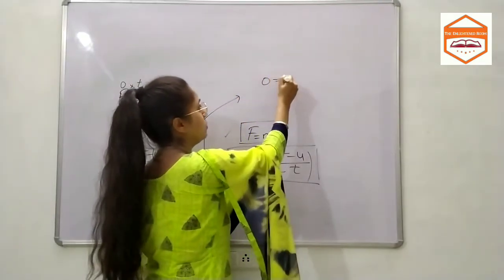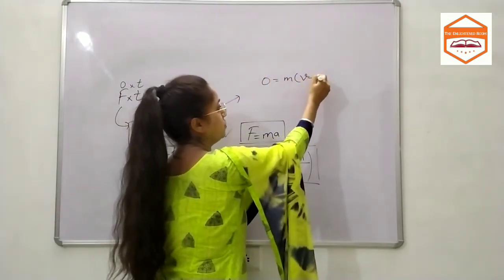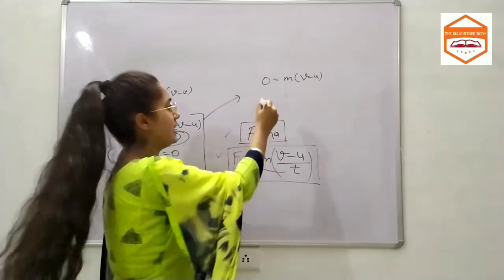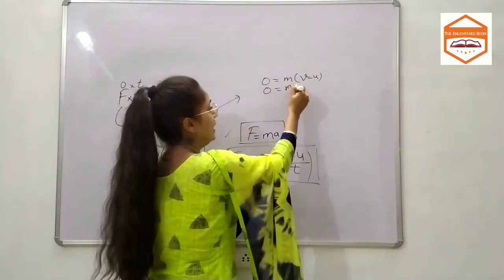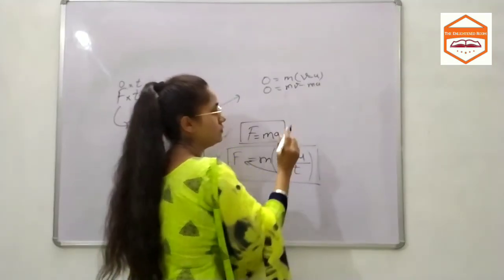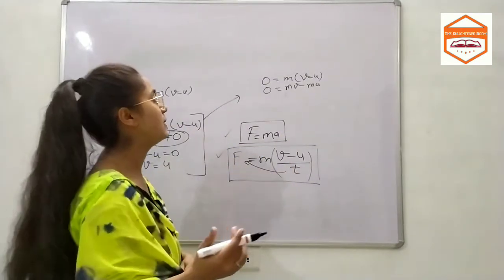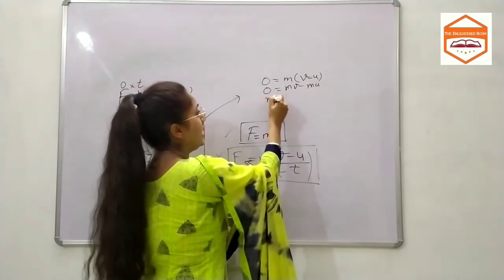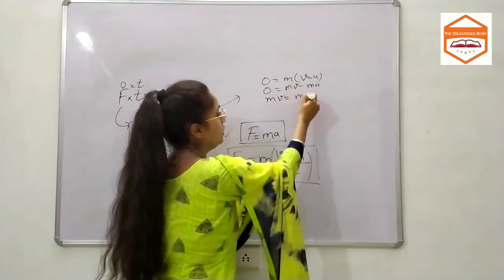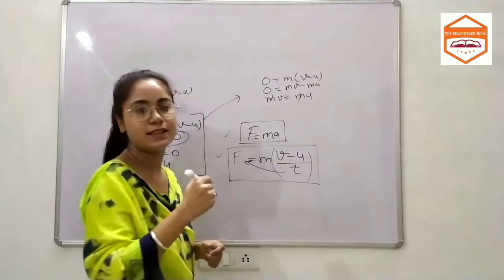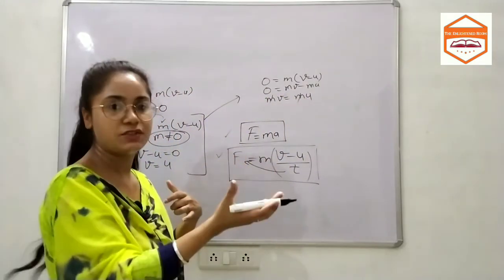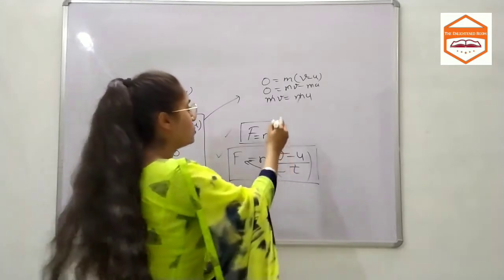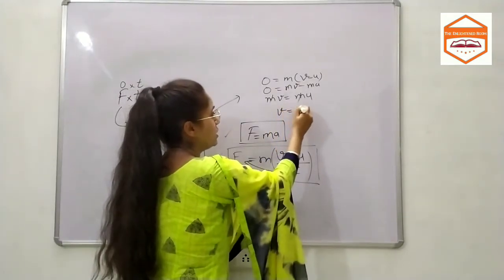It is 0 equals m times (v minus u), right? So we can also write it as 0 equals m v minus m u, by multiplying m with v and u. So m v equals m u, and this m and m would be cancelled here. Both are on the equation side, and these can be cancelled. So again we will be left with v equals u.